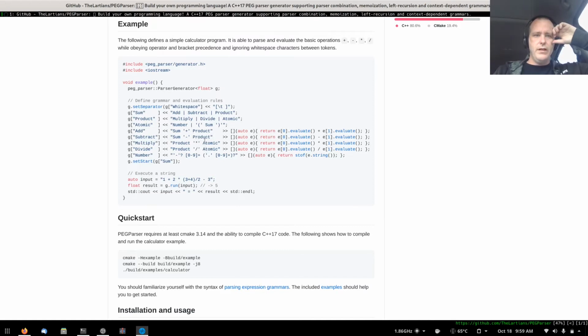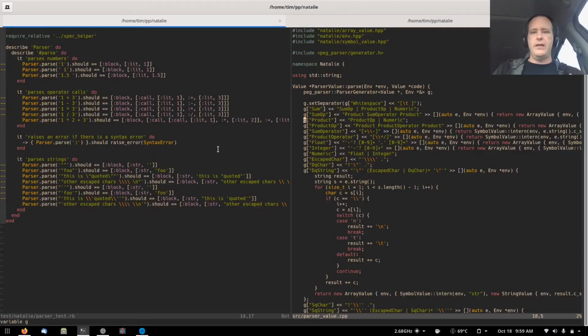So for multiply and divide, okay, I think I got it. It needs to be like a terminating kind of thing. It can't be recursive on the right side of the operator, because I think that is possibly what's going wrong.